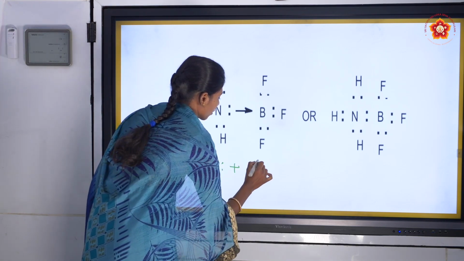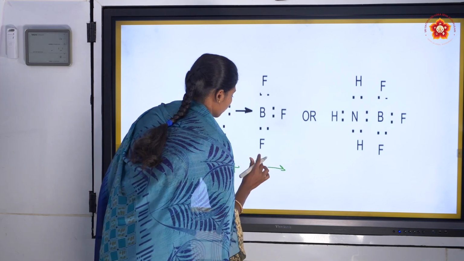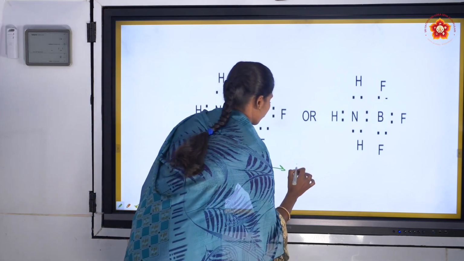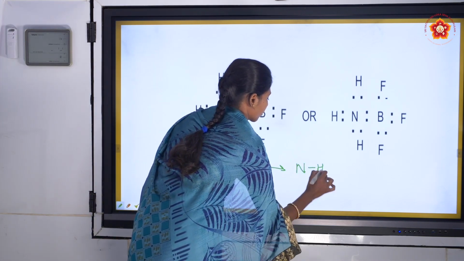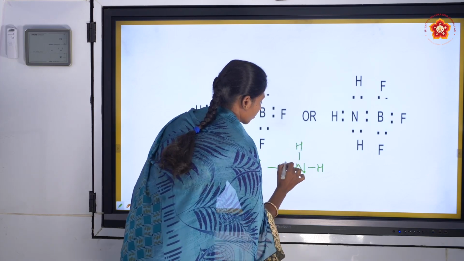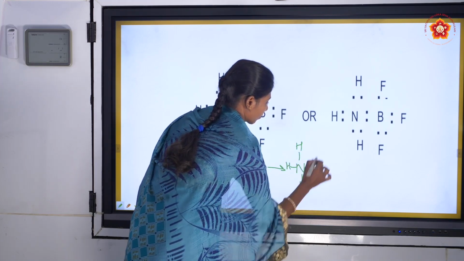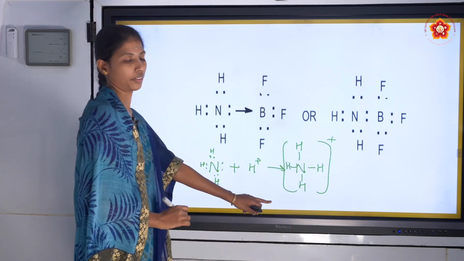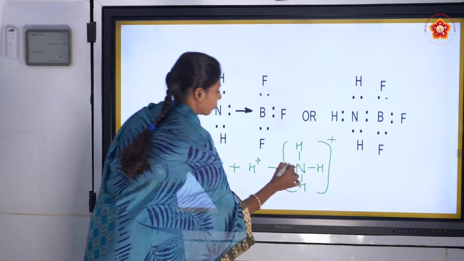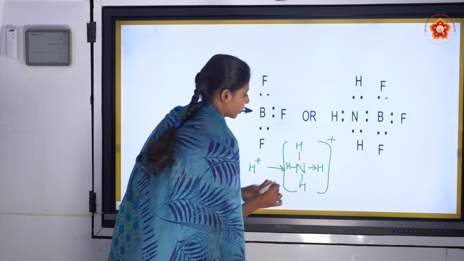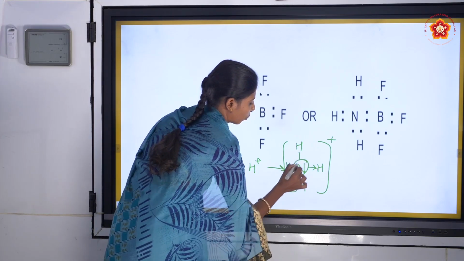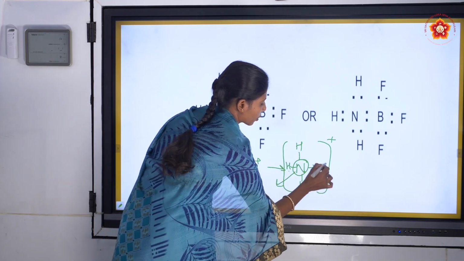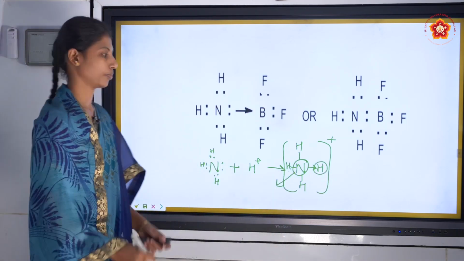Plus H plus, we get the ammonium ion. Here nitrogen is the donor and hydrogen is the acceptor.